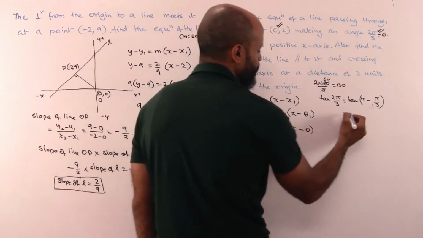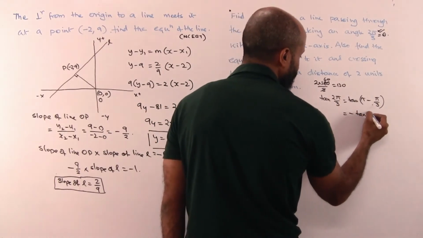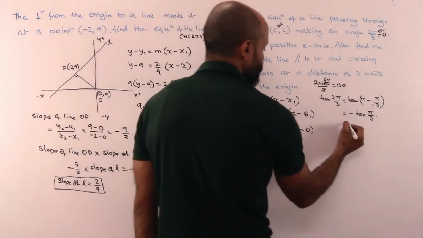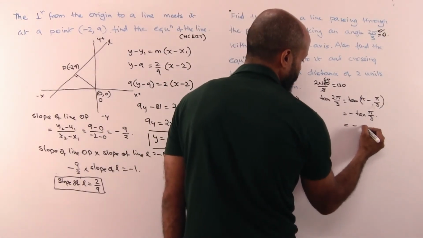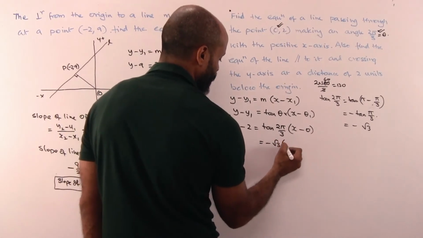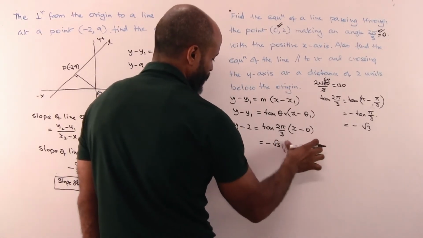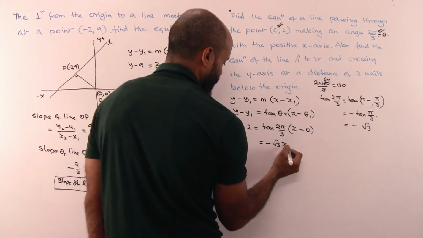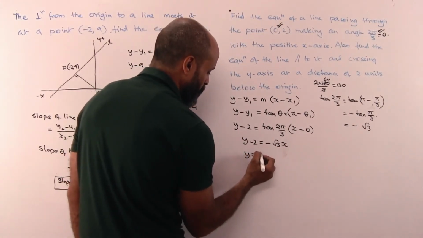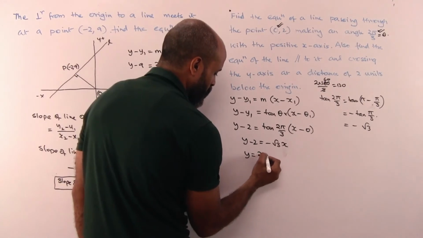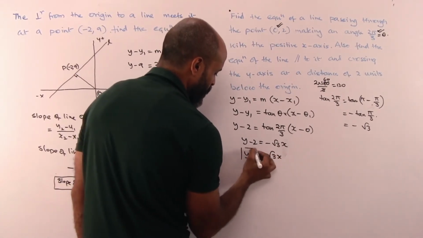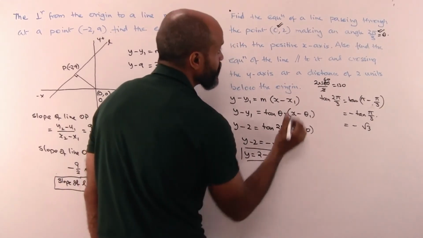Tan 180 minus theta is minus tan theta, and tan π/3 is basically tan 60, which is under root 3, and this minus comes along with it. So this will be minus under root 3 into x minus 0, so this will be x. y minus 2 is equal to this. So y is equal to 2 minus under root 3 x. This will be the equation of the first line.